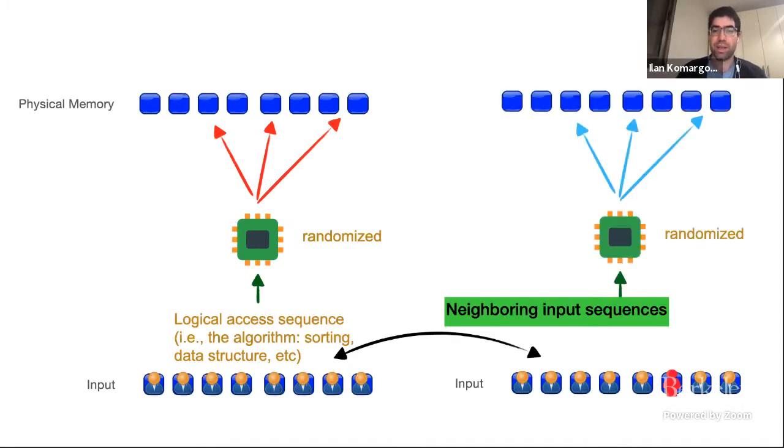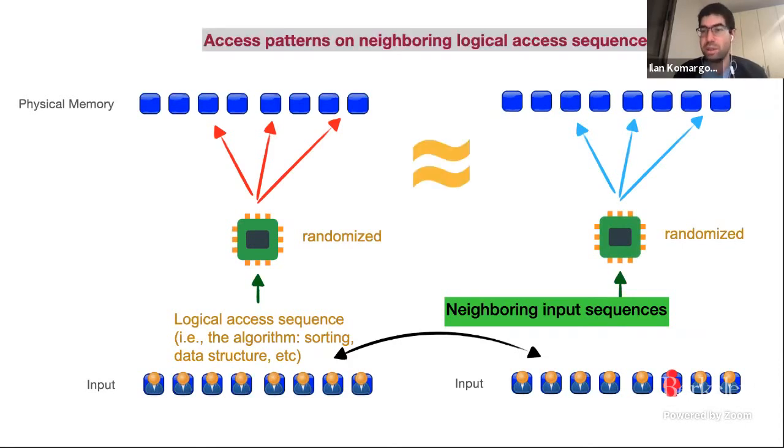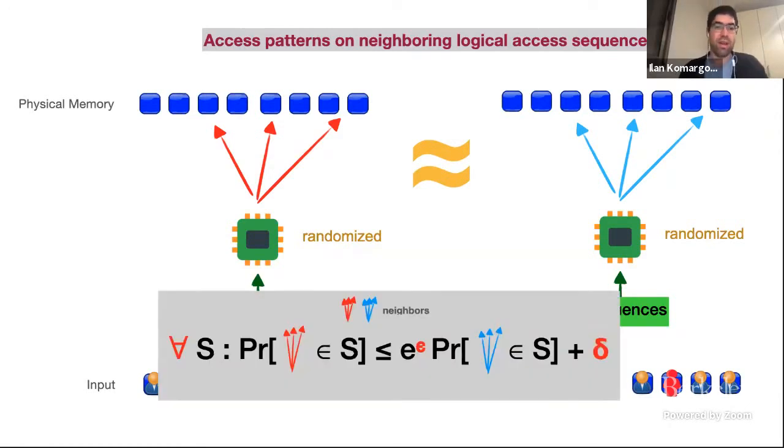And what we want is that if we execute the left experiment or the right experiment, then they will be indistinguishable. And what do I mean by indistinguishable? It's the same definition as in differential privacy. What we want is that the probability that you see the left sequence of physical accesses is very close to the probability that you'll see the right sequence of accesses, except that there's this e to the epsilon multiplicative factor and an additive delta factor. So this is the definition of differential obliviousness.